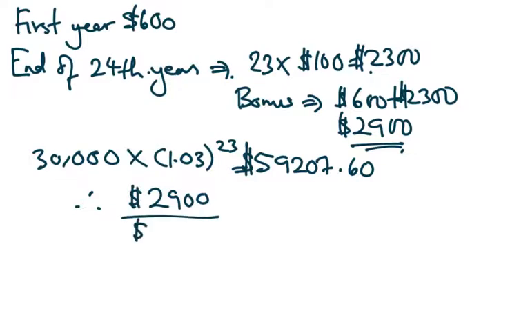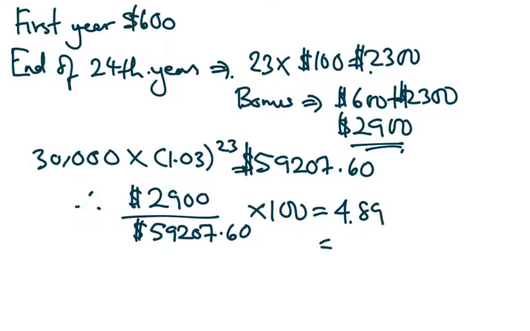Divide this by 59207.60, and then you times this by 100, and getting this as 4.89, which is same as 4.9%.